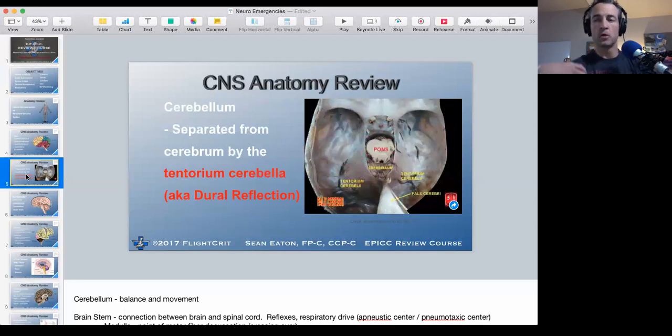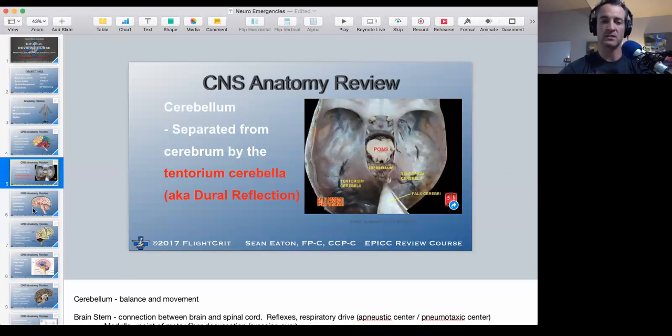Something that you may not be aware of, there's this term, the tentorium cerebelli. Okay, what this is, is an extension of the dura mater. And as we're going to talk about in a little bit, the dura is comprised of two separate layers, and that inner layer creates this tentorium cerebelli.